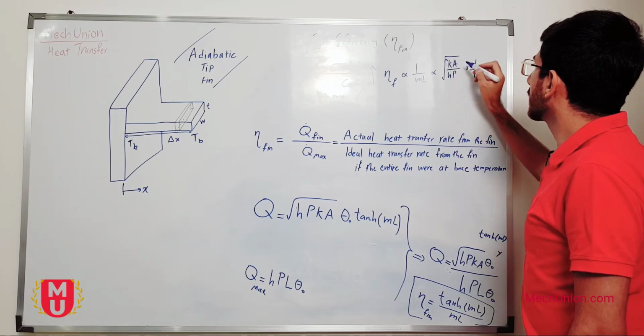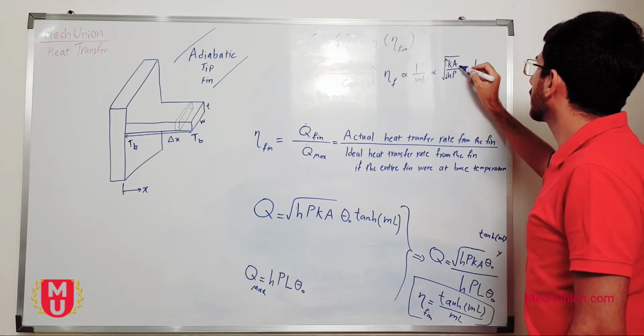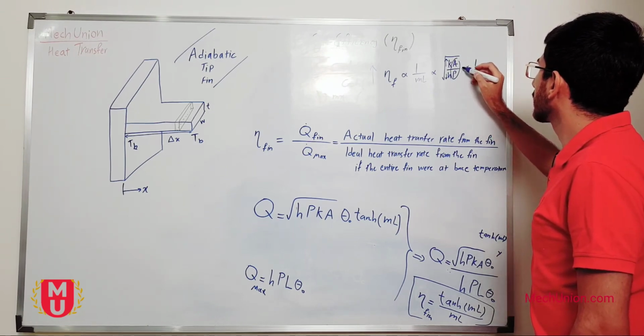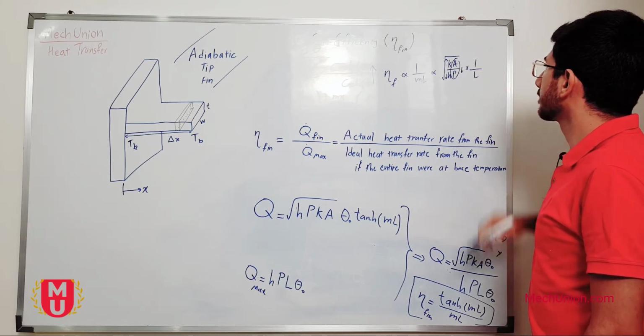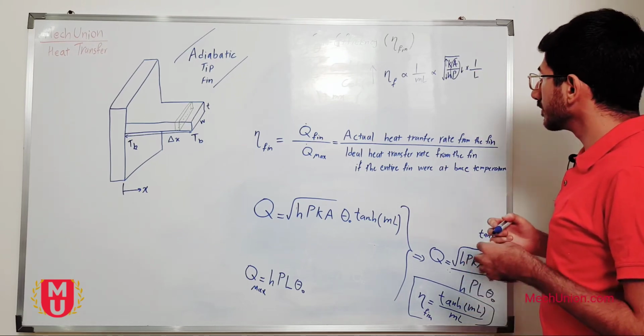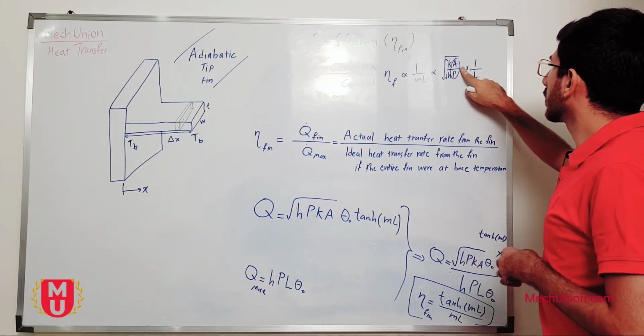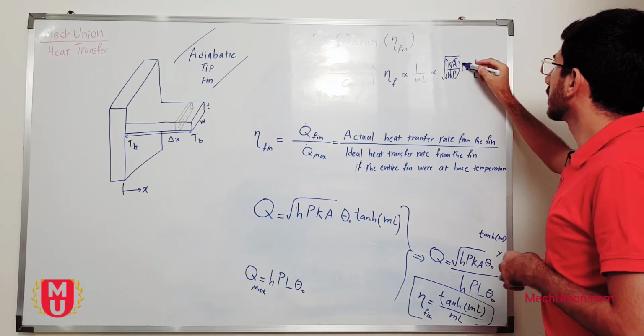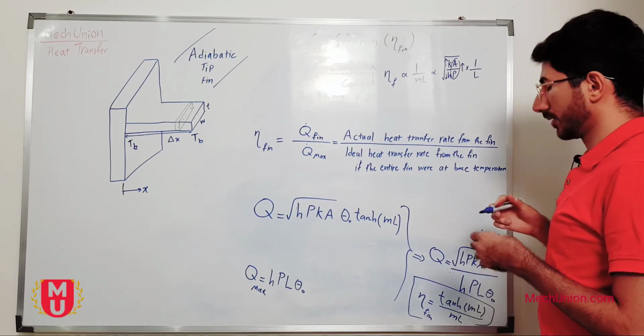This bigger, this is smaller, and this is smaller. Or h over P, A over P bigger.